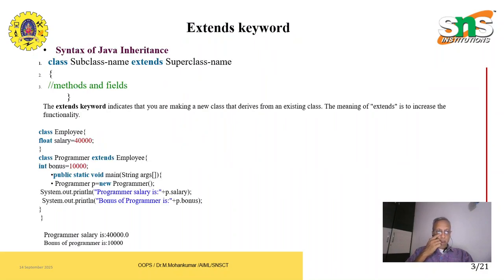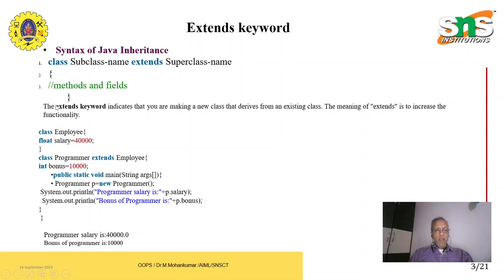Here we are seeing the syntax of Java inheritance. It has the class and subclass name. After that, extends and the superclass name. This is the simple inheritance syntax. Then we give the methods and fields here.